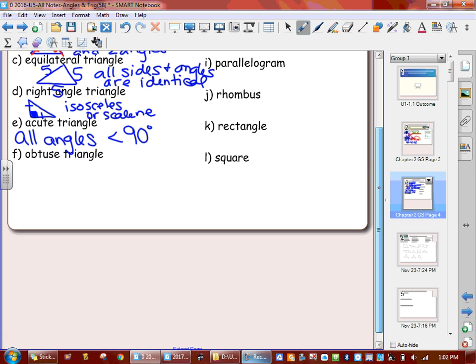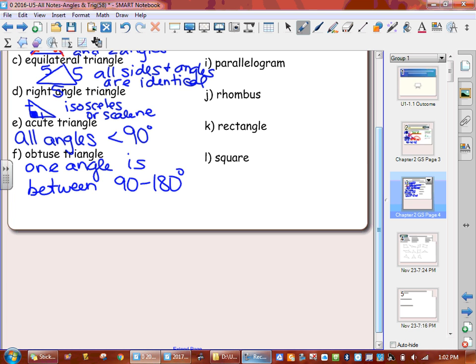Obtuse triangle. Any ideas of what that is? Good. So one angle is between 90 and 180. So you're going to have one big angle and then smaller angles.